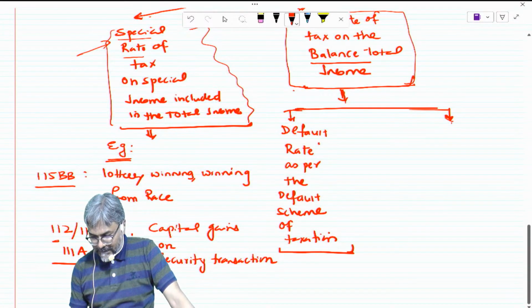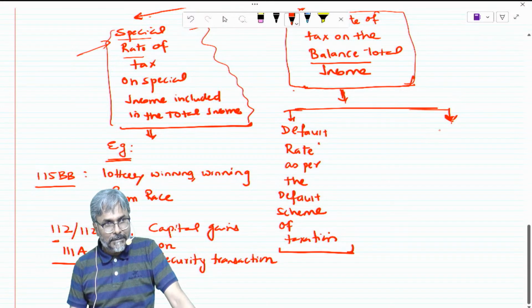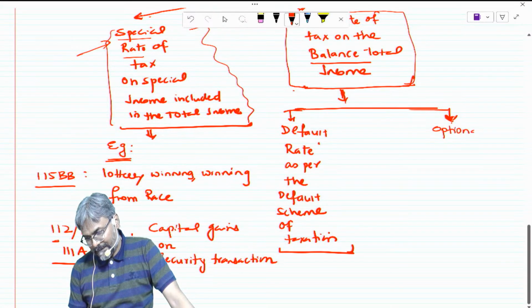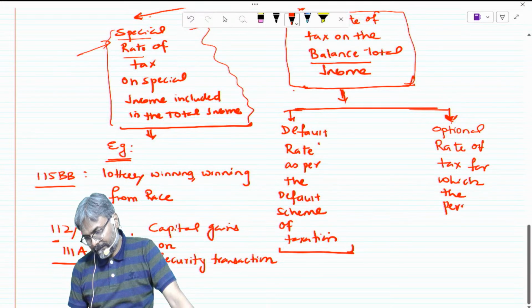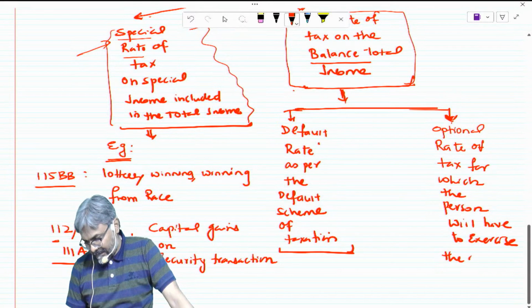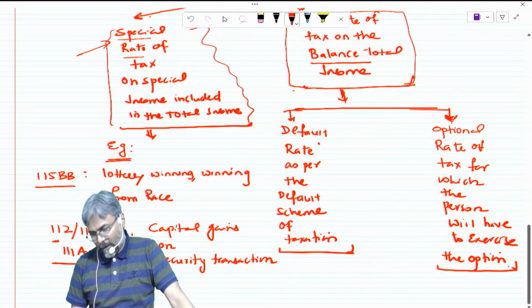And the second one, students, is the optional rate of tax, for which the person will have to exercise the option.